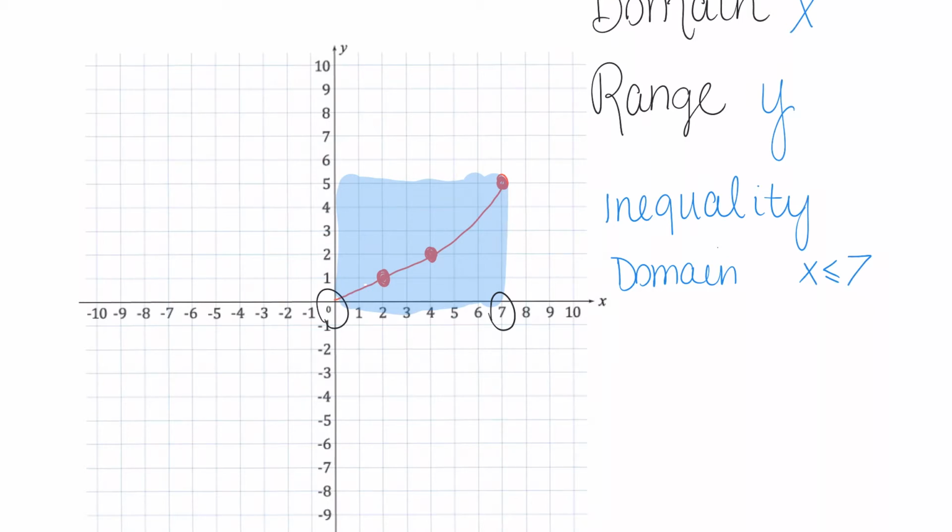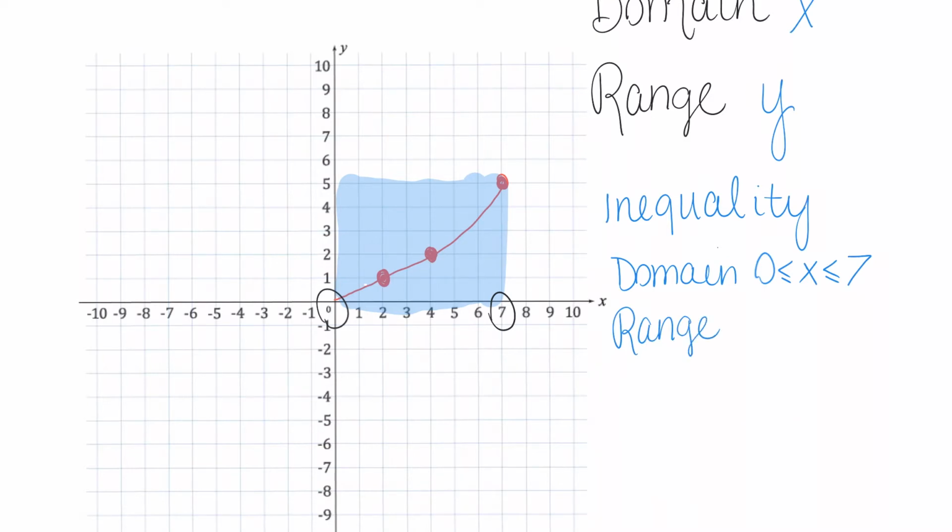So we know that the domain, the x also has to be greater than or equal to 0. So I'm going to add that 0 in here and write myself one inequality. So this reads that x is greater than or equal to 0 and x is less than or equal to 7.